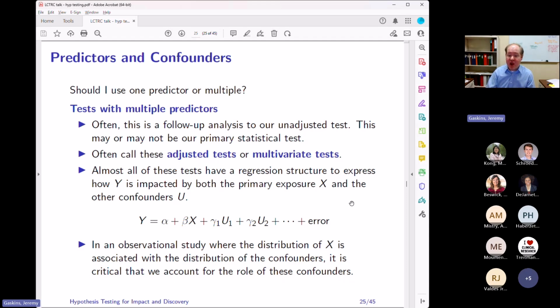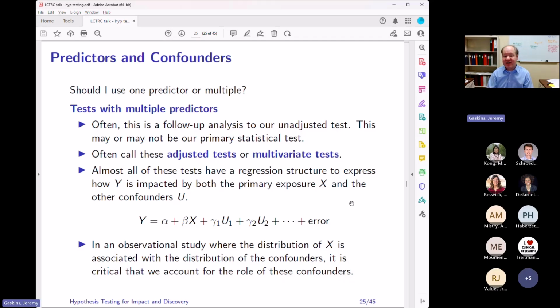And so here, what is the test that I'm interested in? I'm interested in testing beta, right? Beta is my coefficient of the X, which is the primary exposure. So that is the hypothesis test that I am considering myself to be interested in running here.